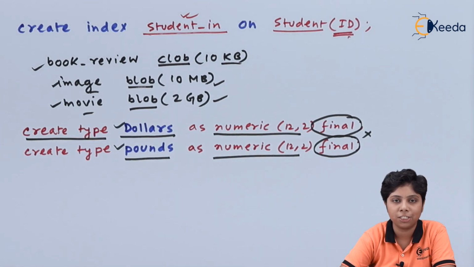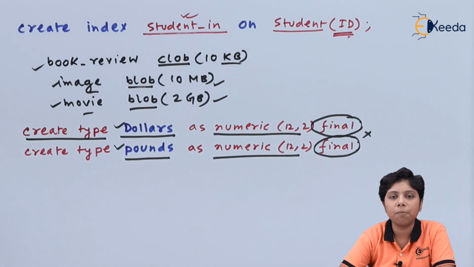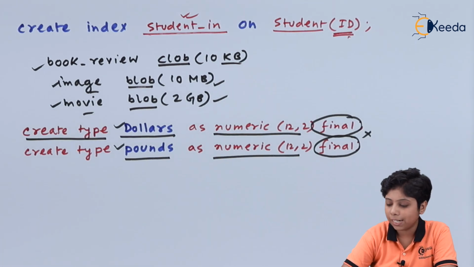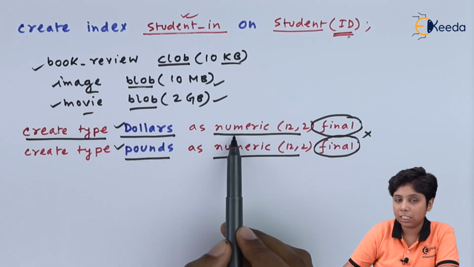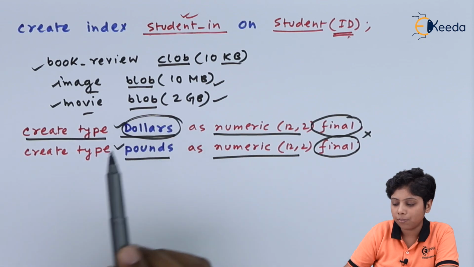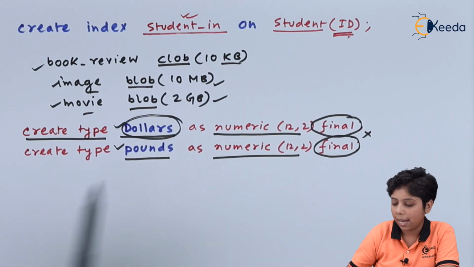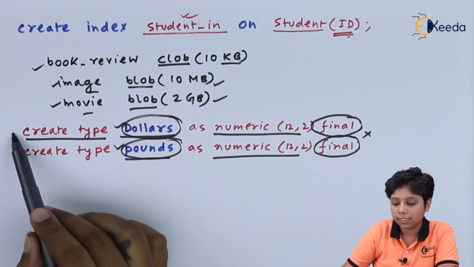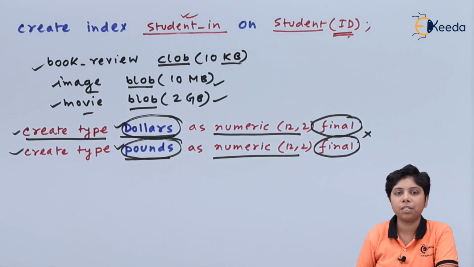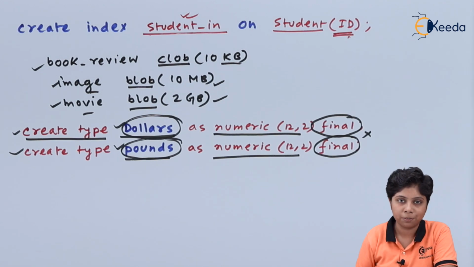Other SQL standards also omit the use of final in the user-defined data type. So back to create type: the type is based on numeric, and the names given are dollars and pounds. Now we will use these data types in our creation of a table.